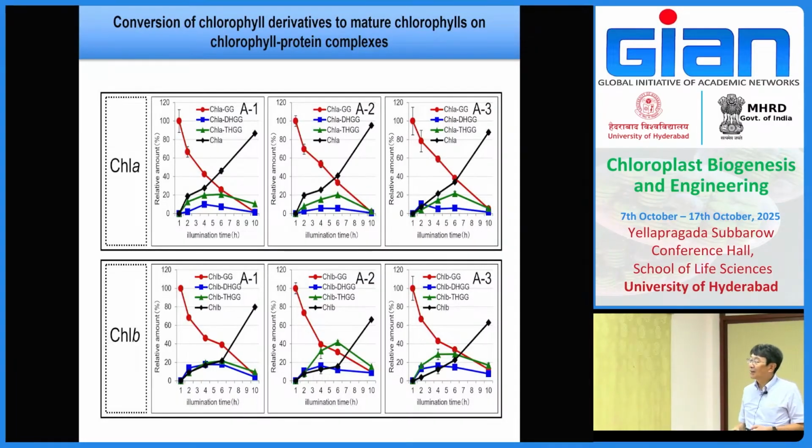Somehow the geranylgeranyl reductase converts these derivatives present in the complexes. So we suspected that some pigments are present inside the protein complexes. The enzyme geranylgeranyl reductase may not access these geranylgeranyl chlorophylls, but it actually seems that it accesses them in the complex.